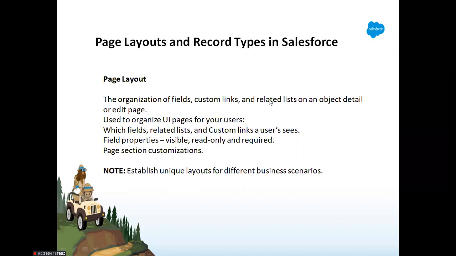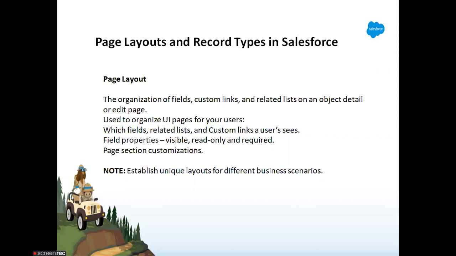Basically, this depends on the different business scenarios. Like we have one object like room reservation, right? In room reservation, we can have multiple fields. We can have n number of fields. But if we talk about the time of reservation counter, the receptionist requires only maybe 20 or 30 fields, not all the fields.